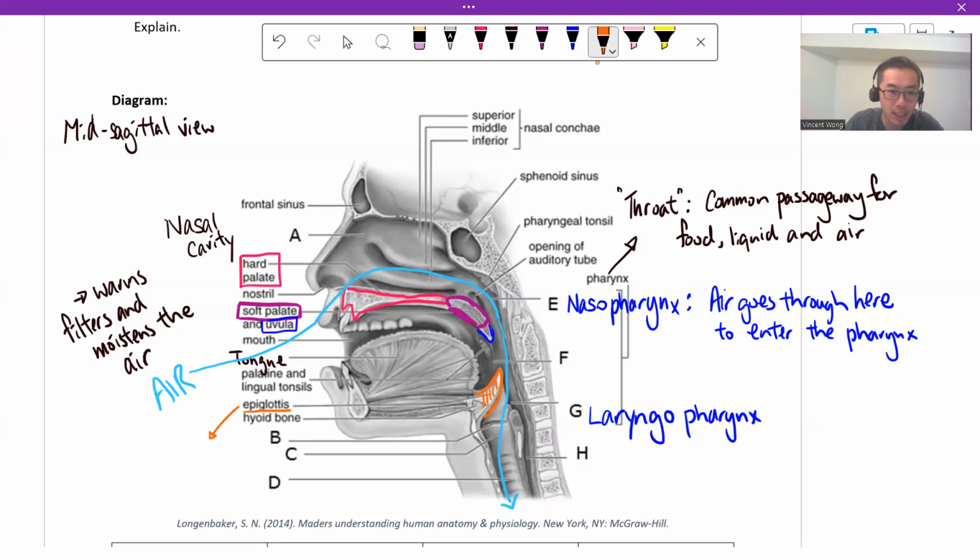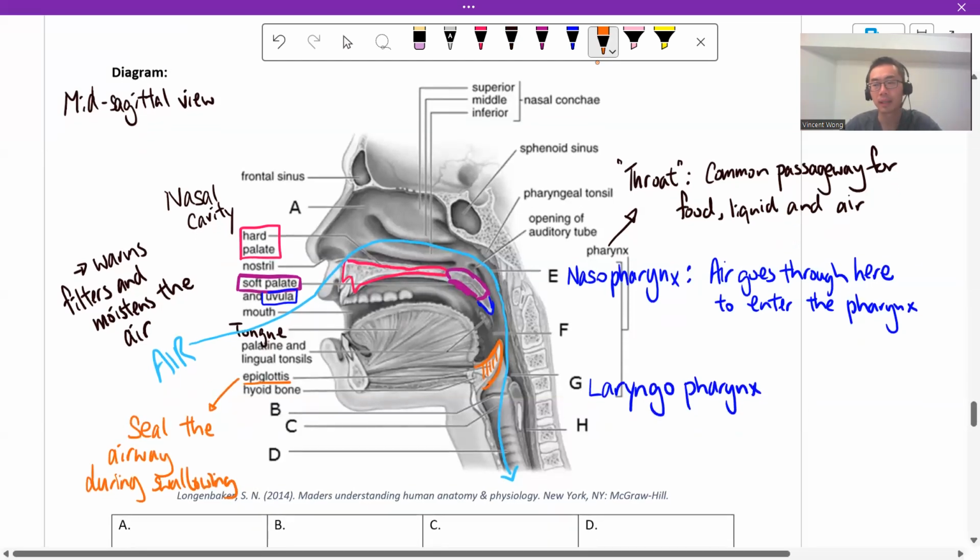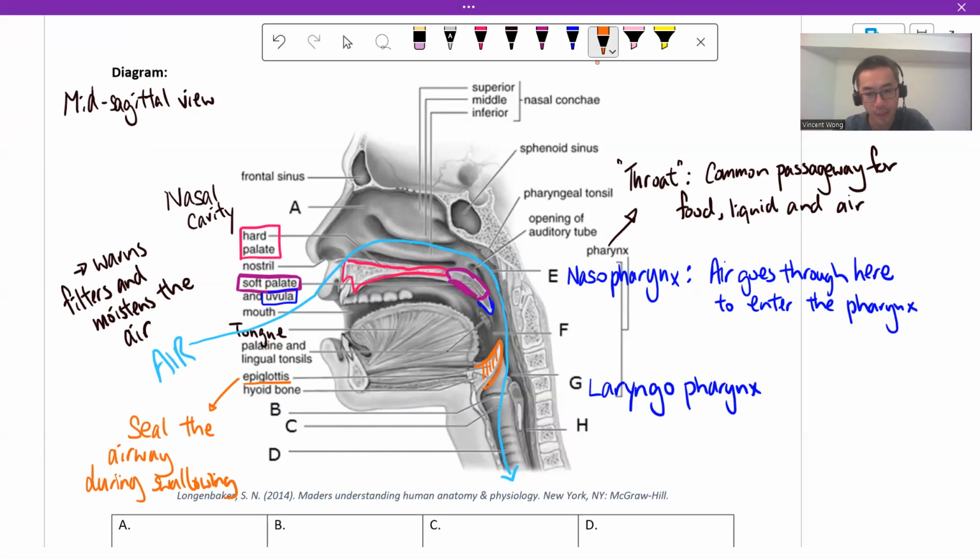The epiglottis is going to seal the airway during swallowing. Okay. We don't want food to go down there. That's why you need to cover it up.